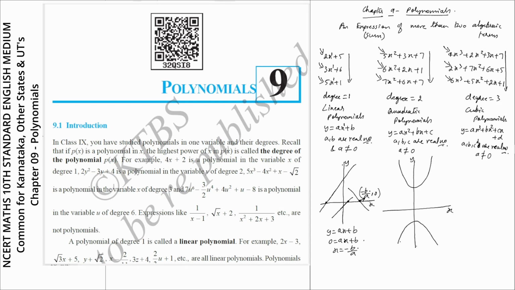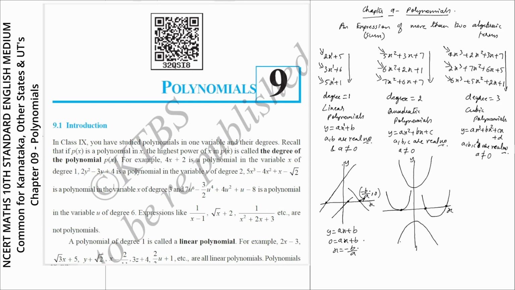See here, in these two cases, the given quadratic polynomial is not intersecting or touching the x-axis. Sometimes the given quadratic polynomial may touch the x-axis at only one point, like this. Sometimes the given polynomial may intersect the x-axis at 2 points.